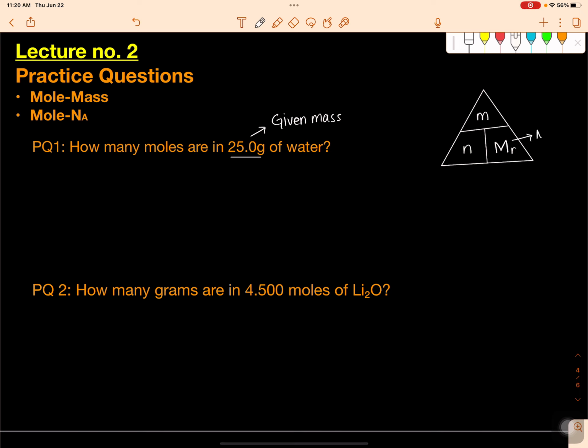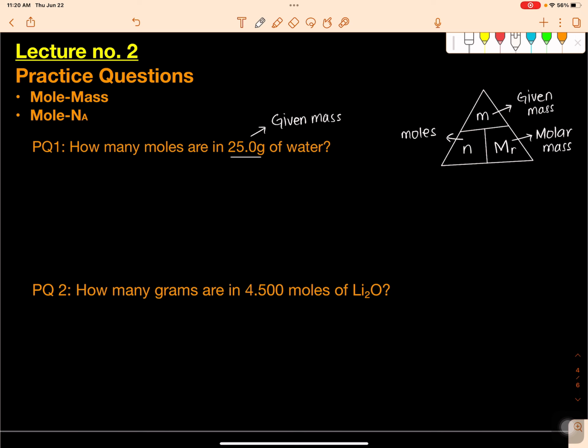This is actually the molar mass or the molecular mass. This one stands for the given mass, and this one is for the moles. So in order to find out a missing one, we must know the two other quantities.